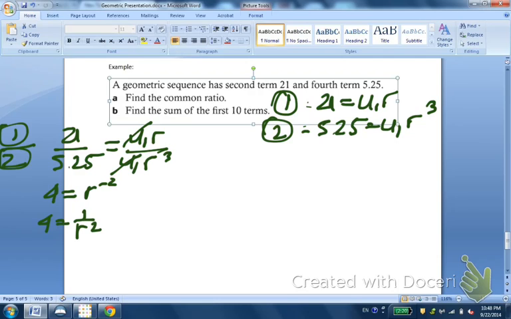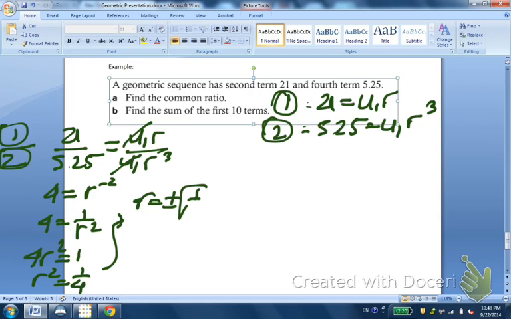If we cross multiply, 4r squared is 1. r squared is 1 over 4. And if you solve it, you get r is plus or minus root of a fourth. r is plus or minus a half. Obviously, because there are two values of r, there are two values of u1.